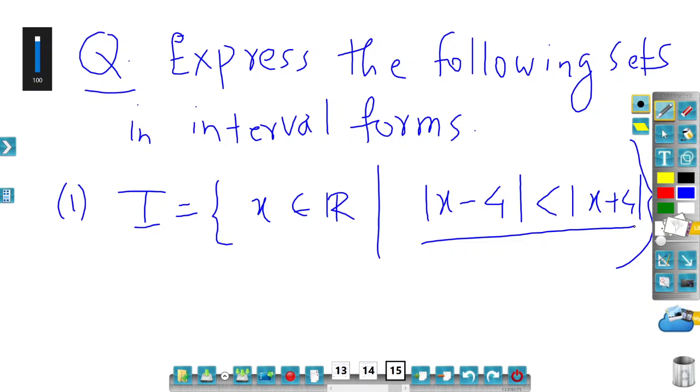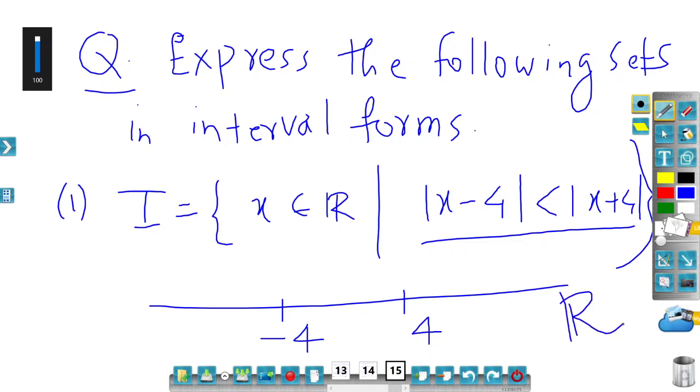So I need to use the absolute value definition in a proper way. This problem will be divided into a few cases. The idea is I will draw 4 and minus 4 on a real line, and I will cover this real line through 3 cases.